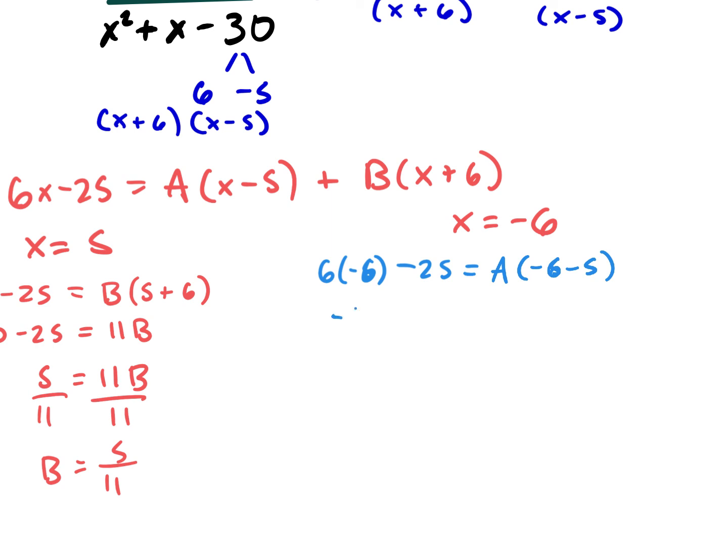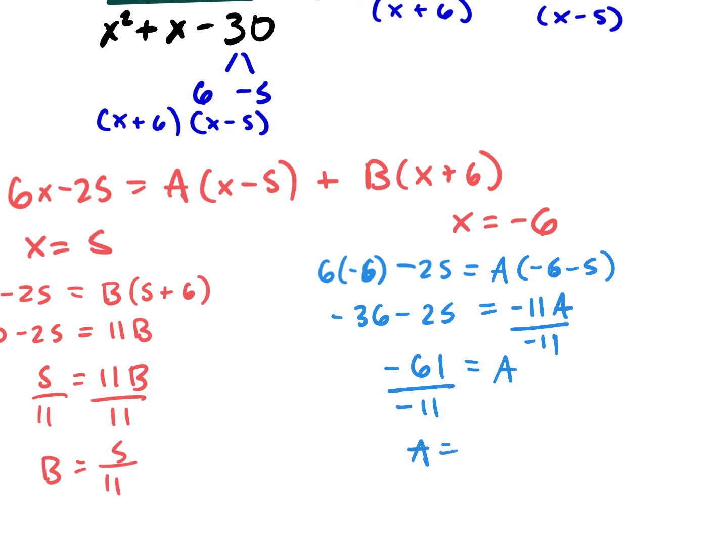So this is negative 36 minus 25 is equal to negative 11A. Divide both sides by negative 11, or I need to add this first. So negative 61 divided by negative 11. So A is equal to 61 over 11.